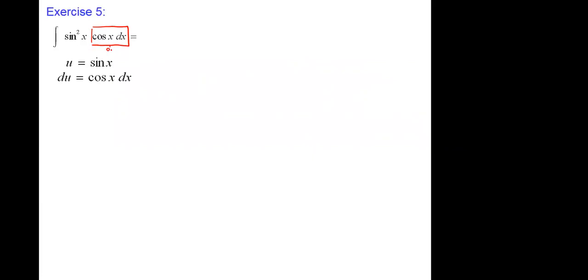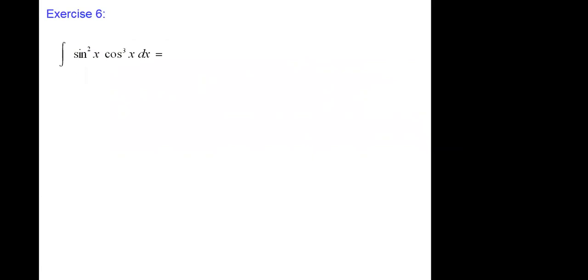That means this is my du, and the entire integrand, the rest of them, is in terms of sine. That means it's perfect. It's u squared du. Integral of u squared du is u cubed over 3. And now let's rewrite in terms of x, sine cube of x over 3 plus the constant c.